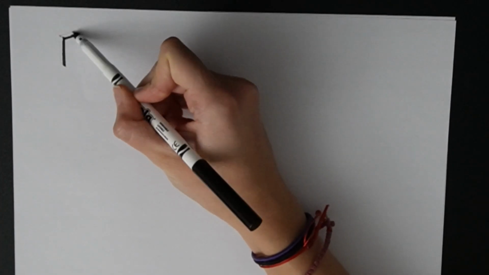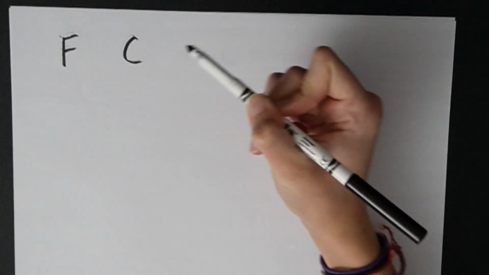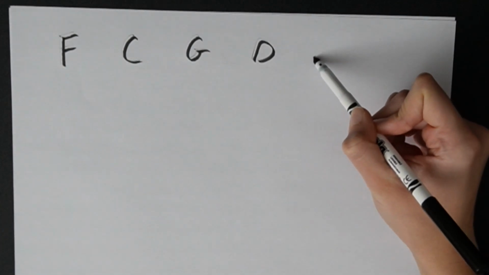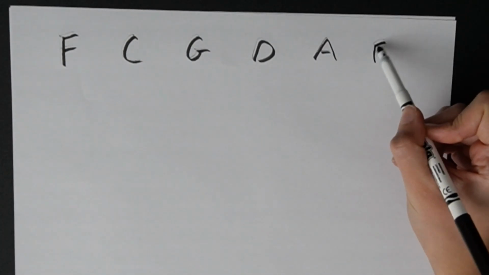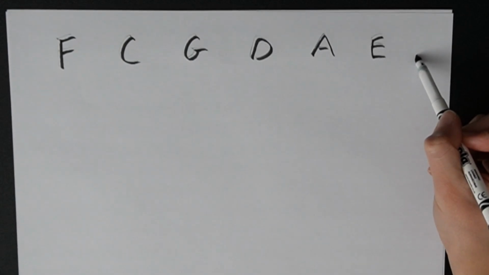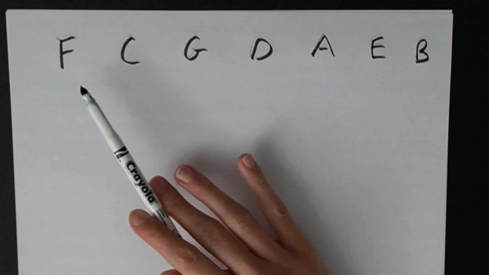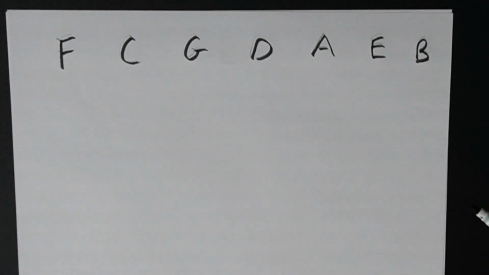Okay, so now we know how to figure out how many sharps or flats are in a key, but how are we going to know what sharps we've got? Well, there is an order of sharps, and it goes F, C, G, D, A, E, B. And how are we going to remember this order? Because you can't really remember it like this, it's not that easy.